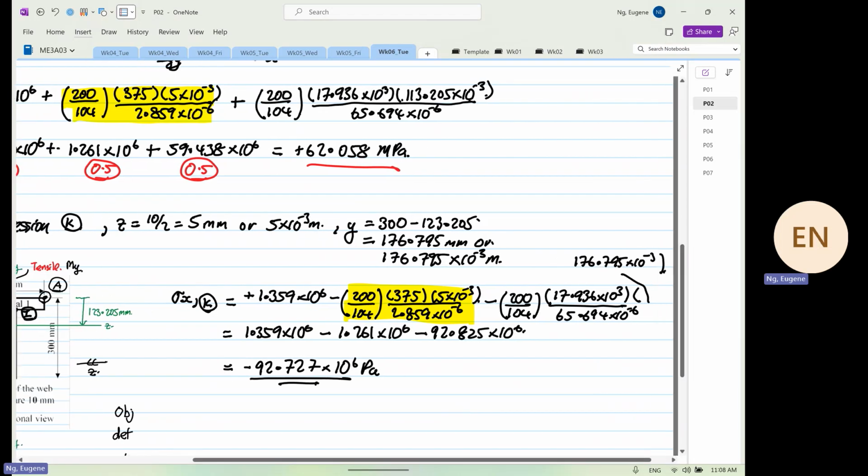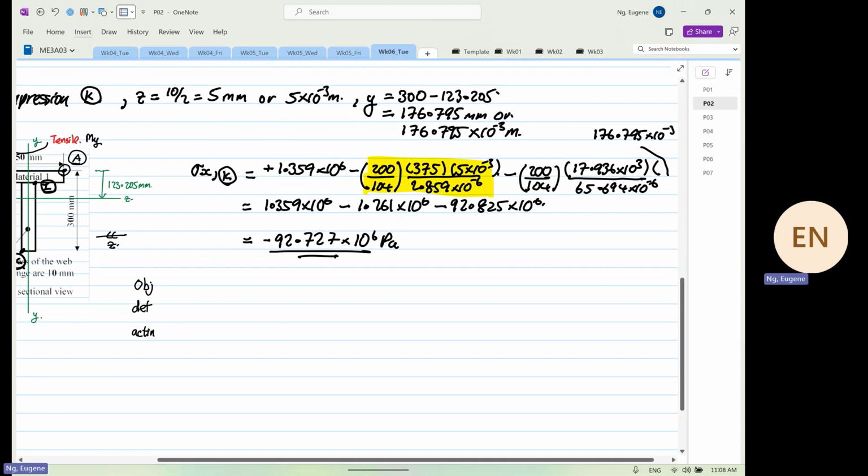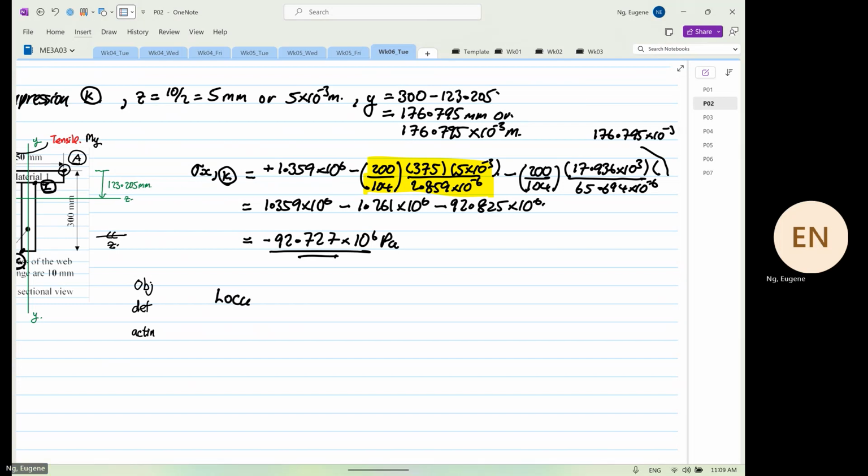Okay, let's say we do something more. Next, we are going to locate the location of the neutral axis.